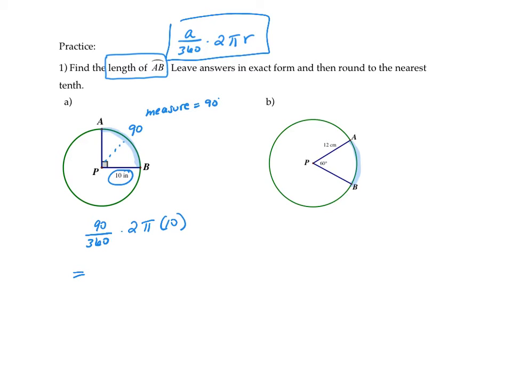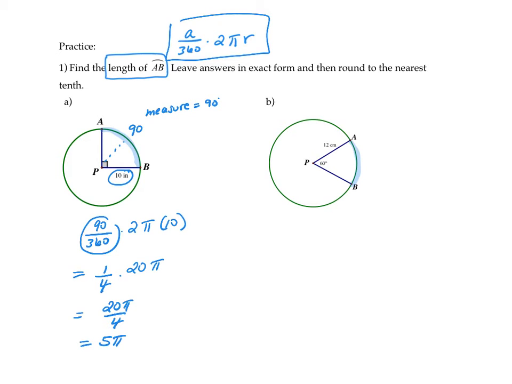So you're going to have to reduce some fractions here, but this one isn't too bad. 90 over 360 reduces to 1 over 4. And simplify the math over here. Take 2 times 10 and write it as 20 times pi. You can also write this as 20 pi over 4 and then reduce it. And when I reduce it, I end up with 5 pi.